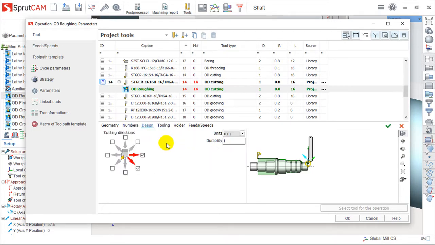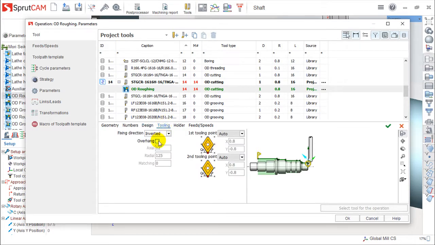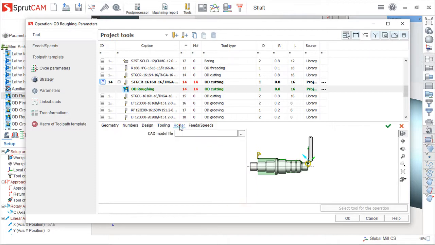Regarding design, it is very important to define for which motions, which sides we can work with this tool in terms of turning. We need to define also these fixing points, what is the overhang, and define some dimensions related with the overhang. We need to define the contact points also. We need to have them set. In terms of the holder, we can import also a CAD file as was in milling.